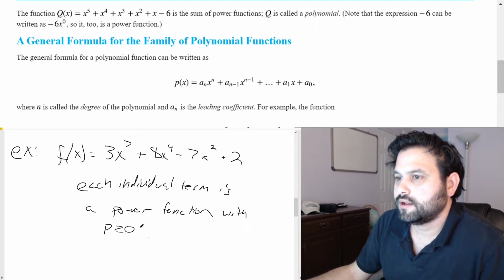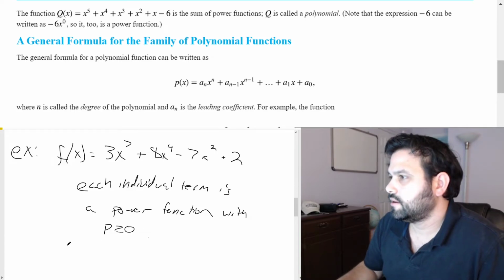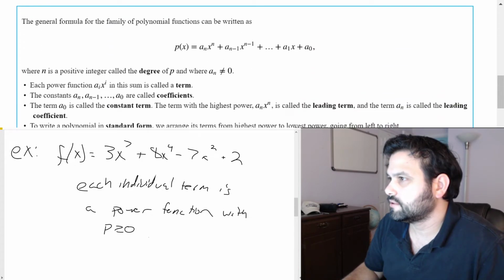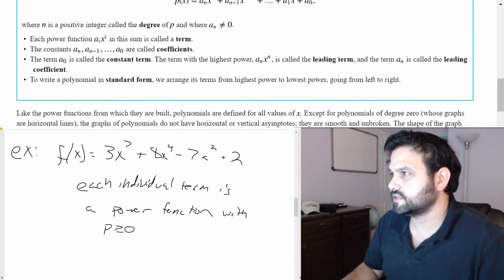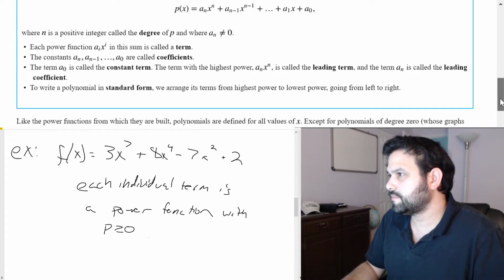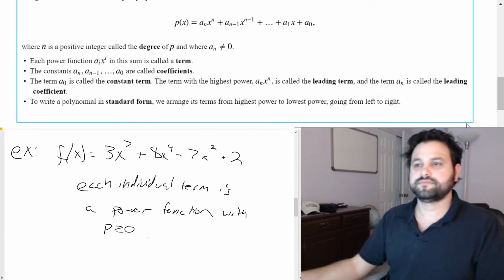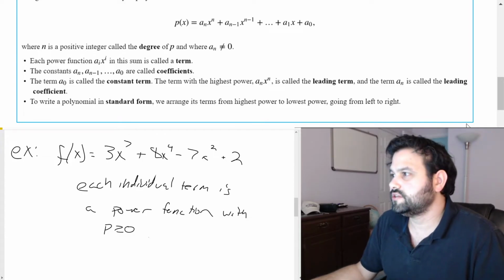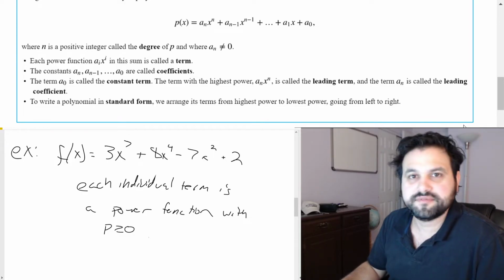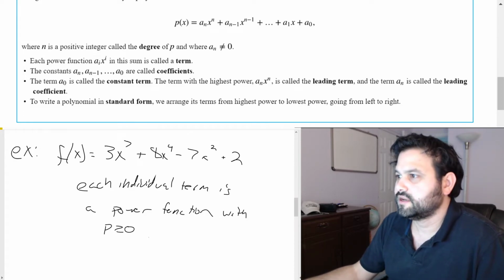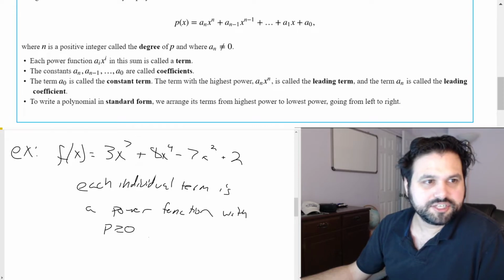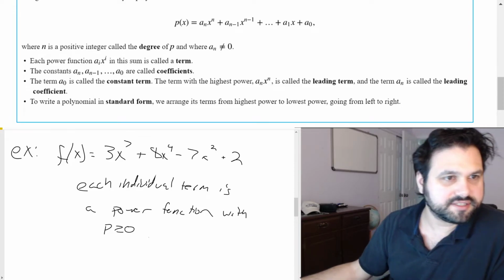So what we want to do is talk about these things, which you may remember from Algebra 2. Degree, leading term, leading coefficient, that type of stuff, right? Standard form. So each power function in this sum is called a term.